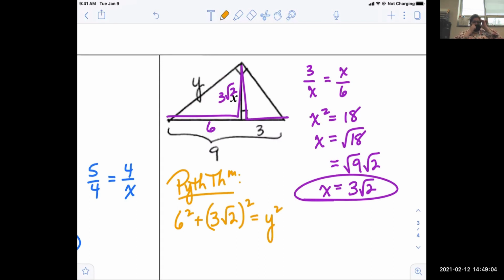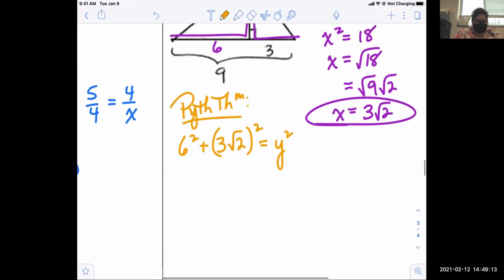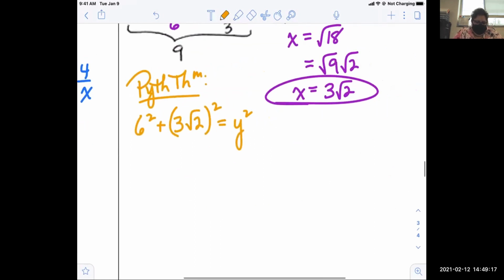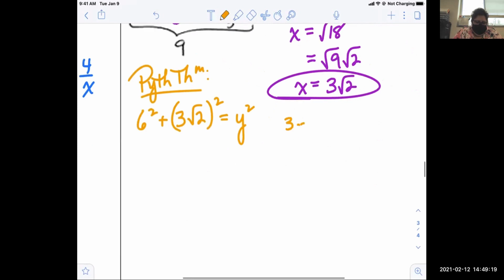Now, the reason that I think this is a little risky is because some of us don't know how to square 3 root 2. Sammy, do you know how to square 3 root 2? If I write it like this, does that help at all?